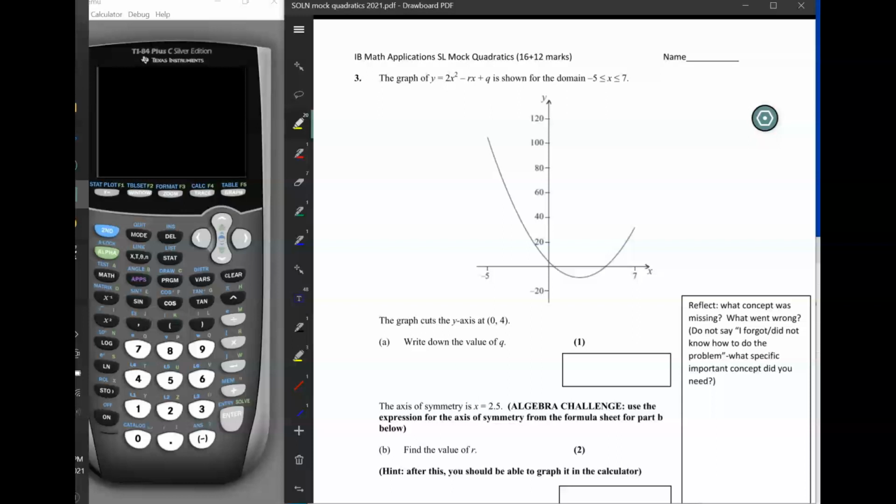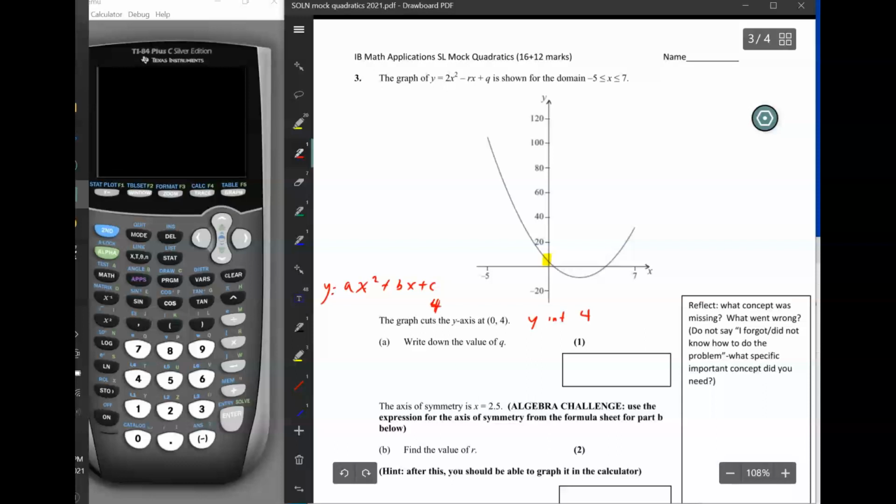Okay, so if we know that the graph cuts the y-axis at (0, 4), that means the y-intercept is 4. If the y-intercept is 4, what do we know about the value of c for ax squared plus bx plus c, which is a form that we can write the quadratic in? It would be c equals 4, right?